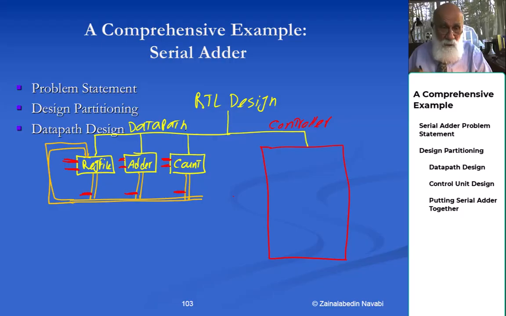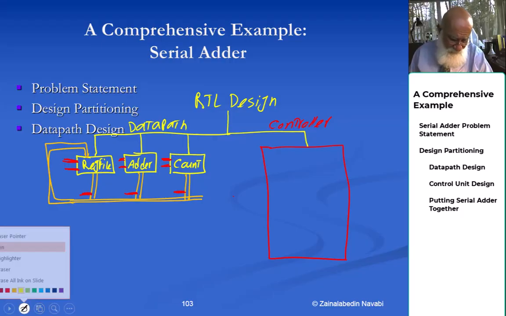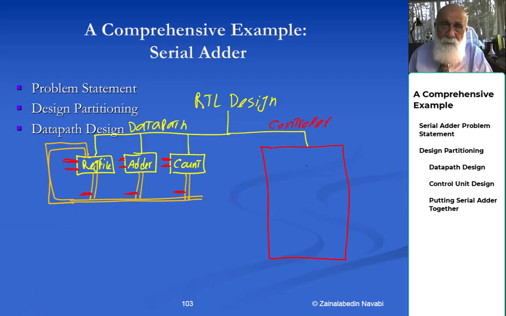The controller part of my RT level design is a part that takes input signals from the data path and from outside. For example, somebody tells it, okay, start doing the work. Someone tells it, let's say this is a multiplier, start taking data from the filter or something like that.